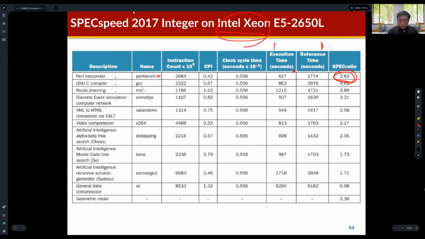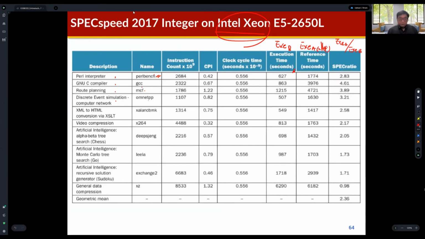This is the execution time of the reference machine, and this is the execution time of the measured machine. So what is this SPEC ratio value? This is the performance: the execution time of the reference divided by the execution time of the measured machine. Right, so this is the SPEC ratio.